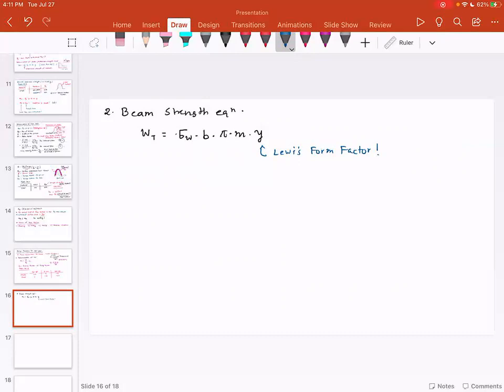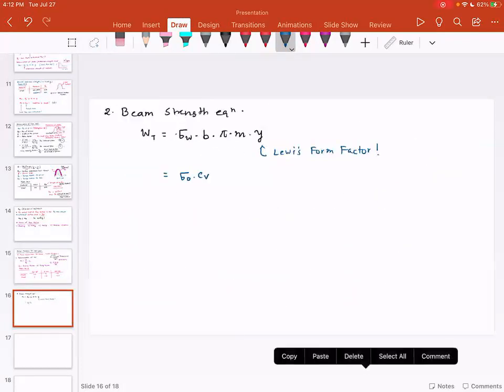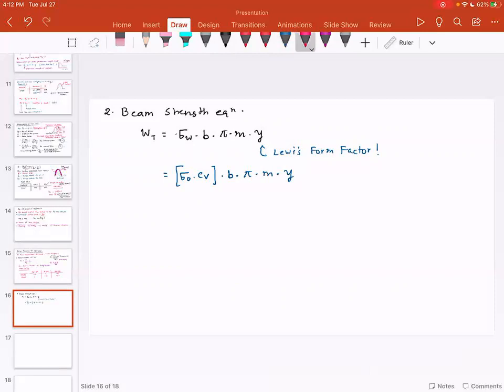But the important thing to observe is sigma W is given as sigma O times CV, where CV is the velocity factor, times b times pi times m times y. Now, one thing to observe, and this is super important, is that this equation should be used for the weaker element.